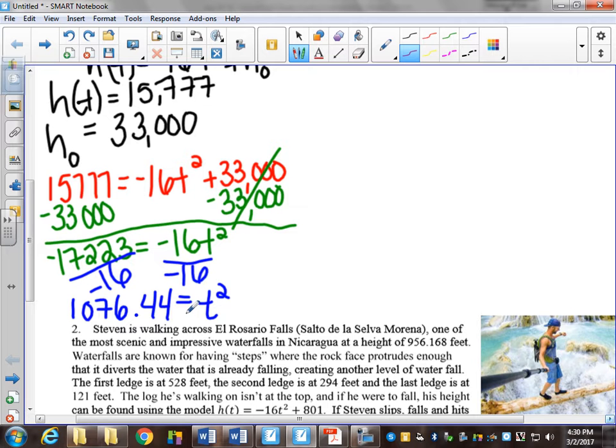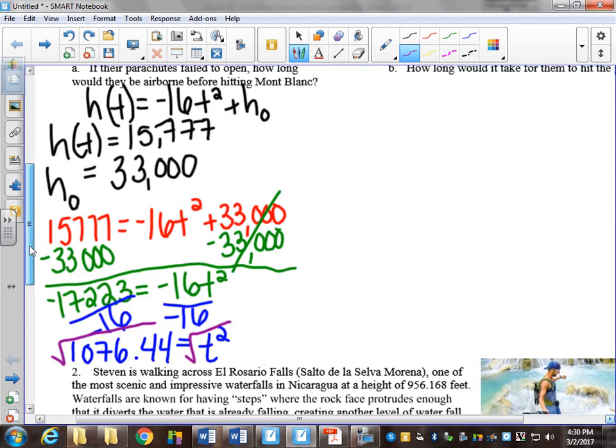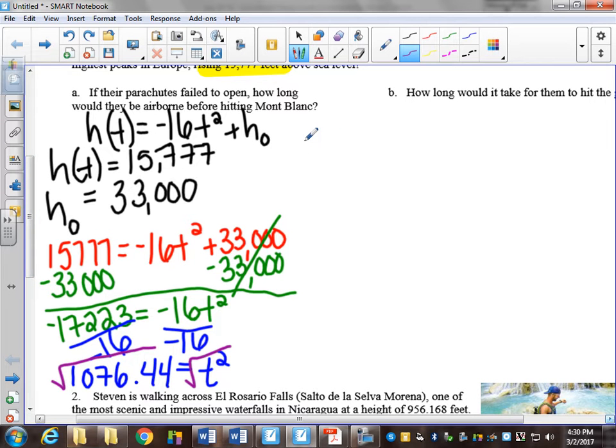Our next step, take the square root of both sides. I'm going to move my answer up here. When we take the square root of both sides, we are left with plus or minus 32.81 equals t. Because we have to relate this back to our problem, time can never be negative. Therefore, I'm going to write it down here.